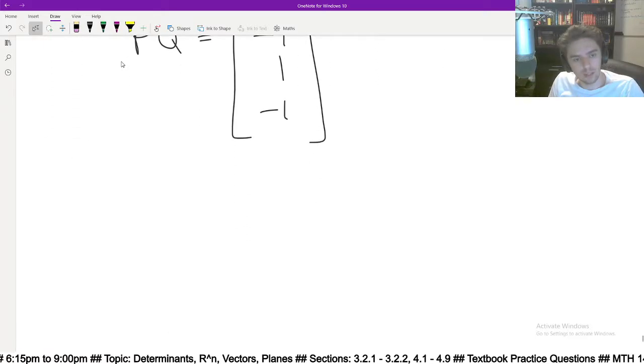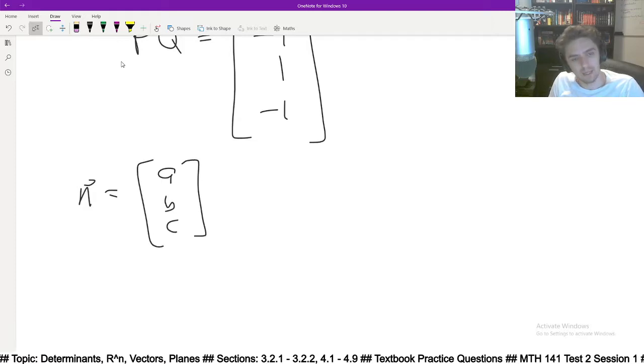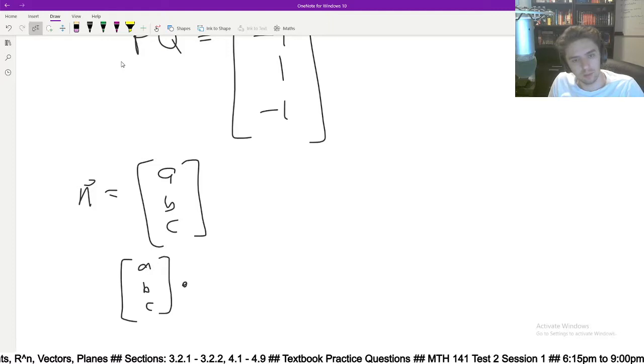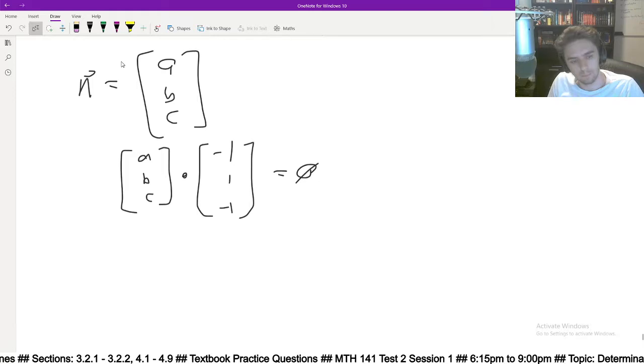We know that the normal is ABC. And what we know is that ABC dotted with negative 1, 1, negative 1 equals 0.